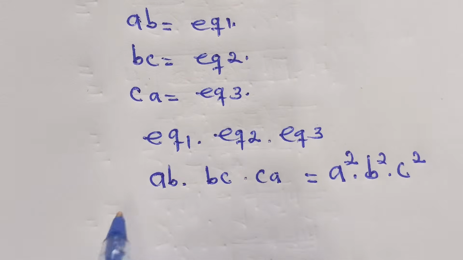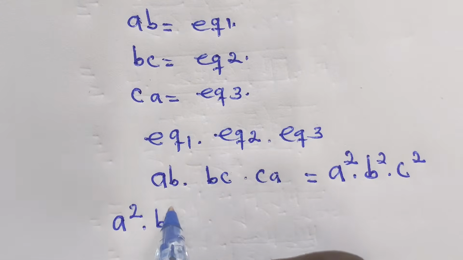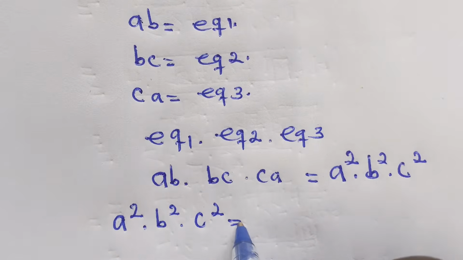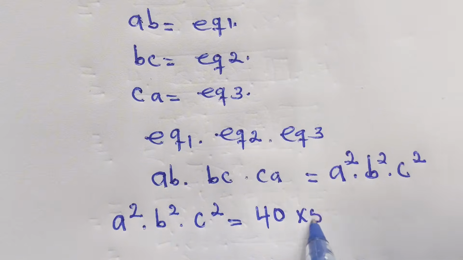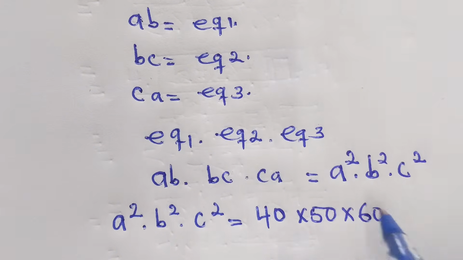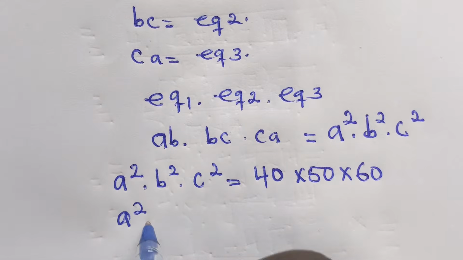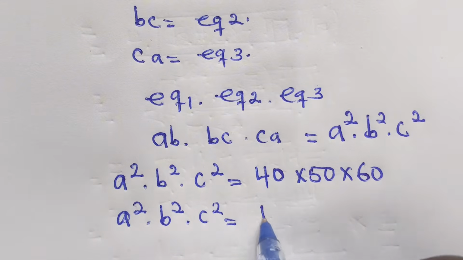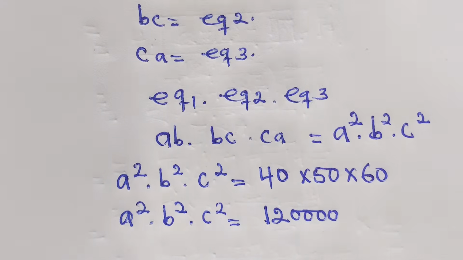Then by equating to their values, A squared times B squared times C squared equals 40 times 50 times 60, which equals 120,000.